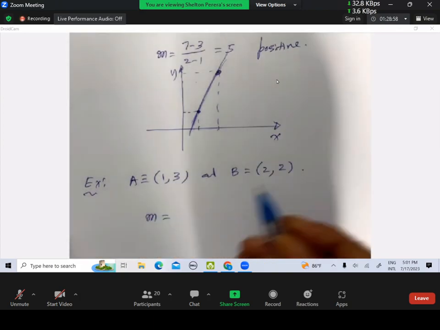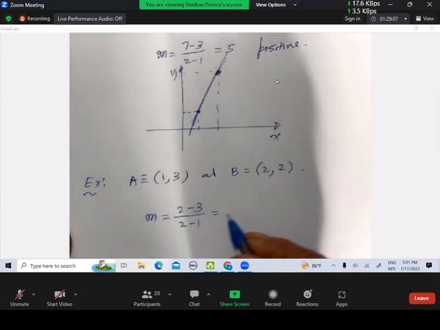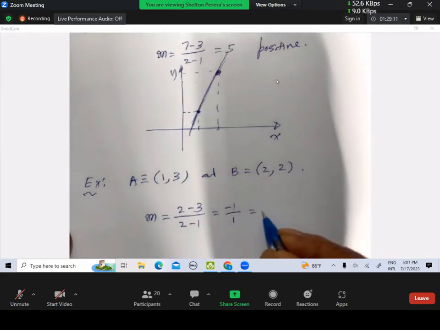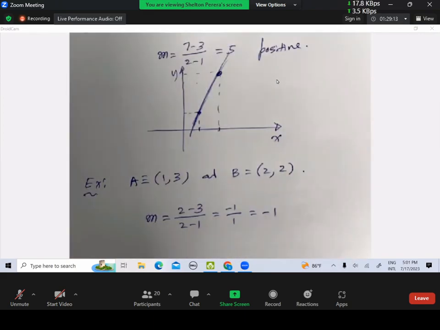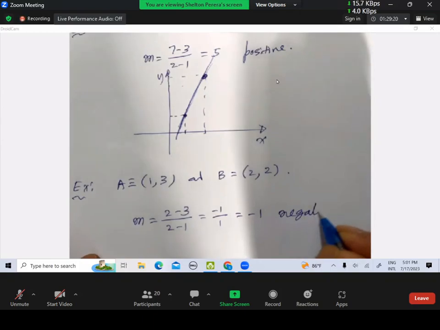M is equal to 2 minus 3 divided by 2 minus 1. Minus 1 over plus 1. It is equal to minus 1. Its slope is negative.